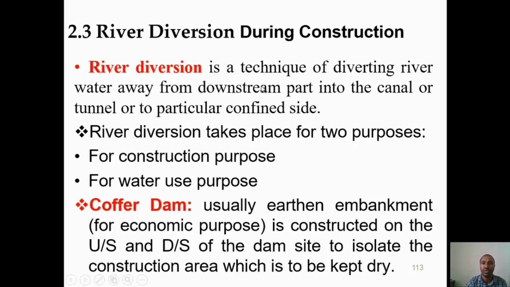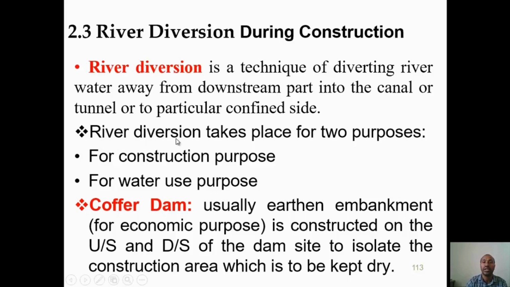River diversion is a technique of diverting river water away from the downstream part into a canal or to a particular confined site. So you may divert the flood to the other direction, then on the other side you can construct.